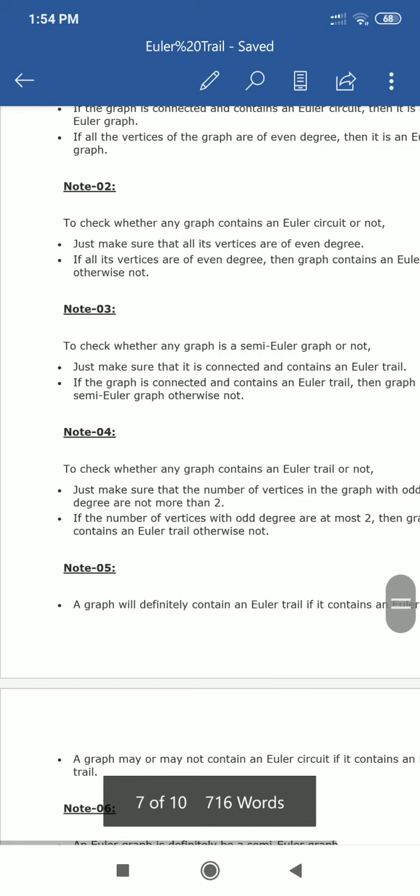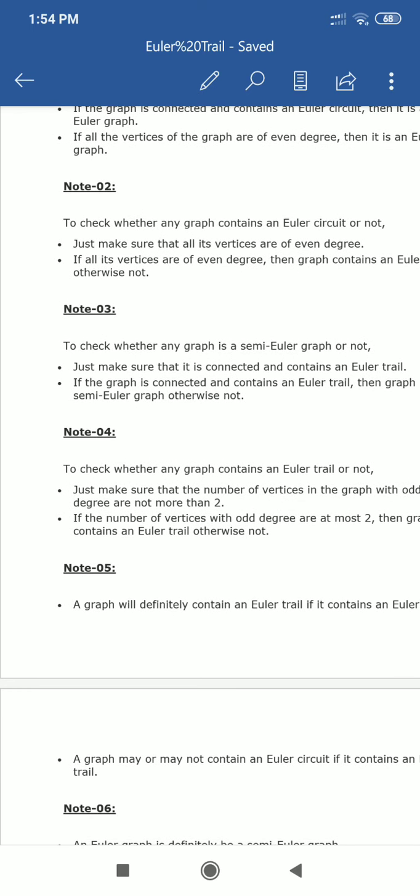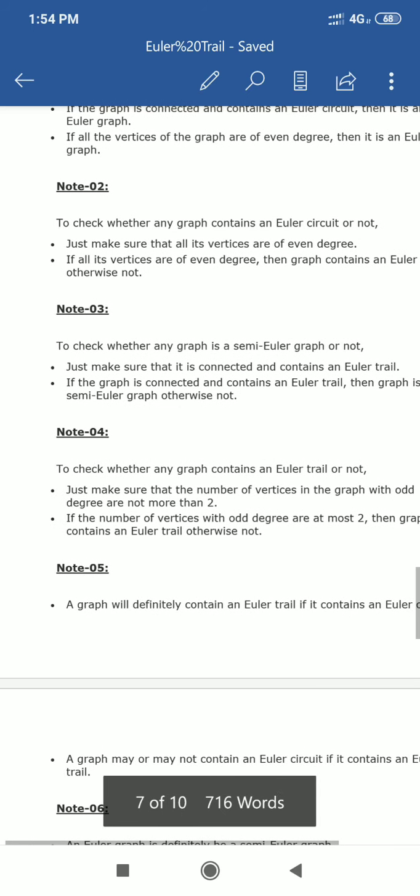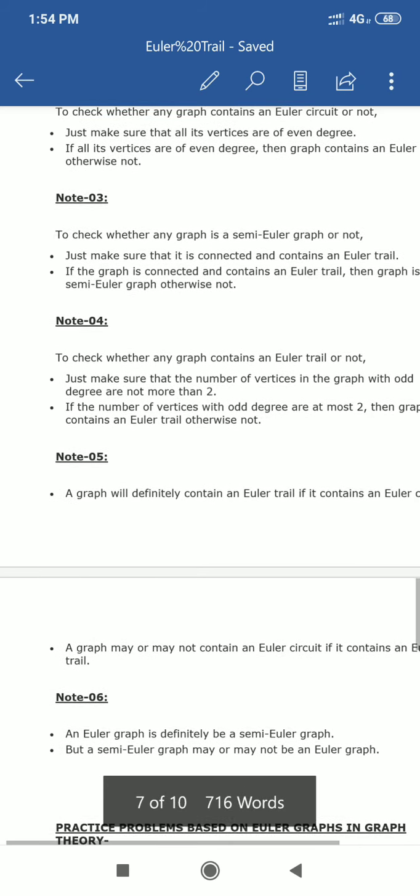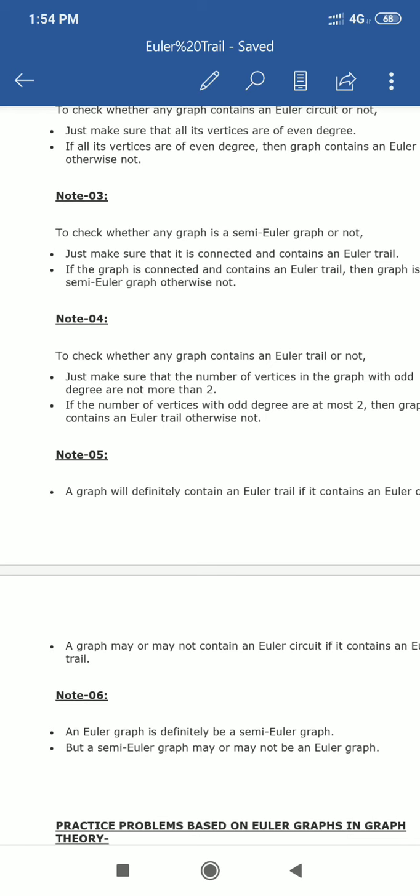Second note, to check whether any graph contains an Euler circuit or not, just make sure that all its vertices are of even degree. If all its vertices are of even degree, then the graph contains an Euler circuit. This is the converse case. For a semi-Euler graph, as I mentioned, the graph should contain an Euler trail.